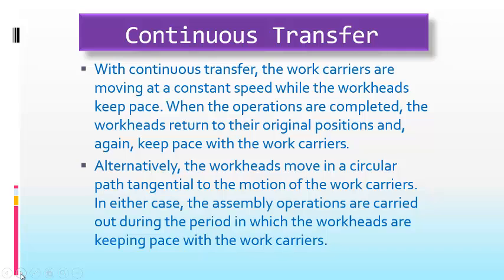In other words, the assembly head will stay stationary while the fixture is moving until it comes to a position where it stops moving. Then the workhead will do the job and the component or the fixture will move to the next station. This can be in a straight line or in a circular path.